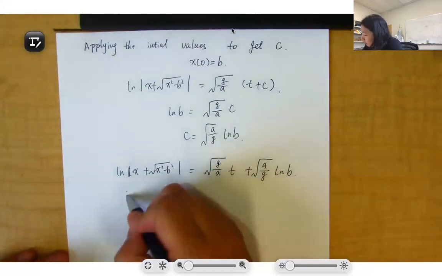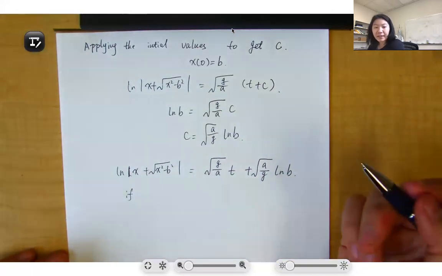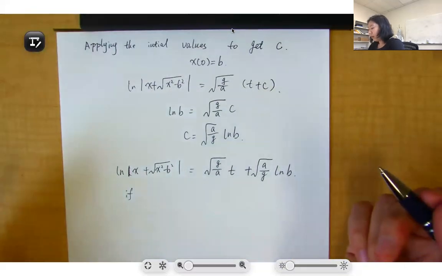And if we put realistic numbers inside, we can get the exact time for all the chain to slide off the table.